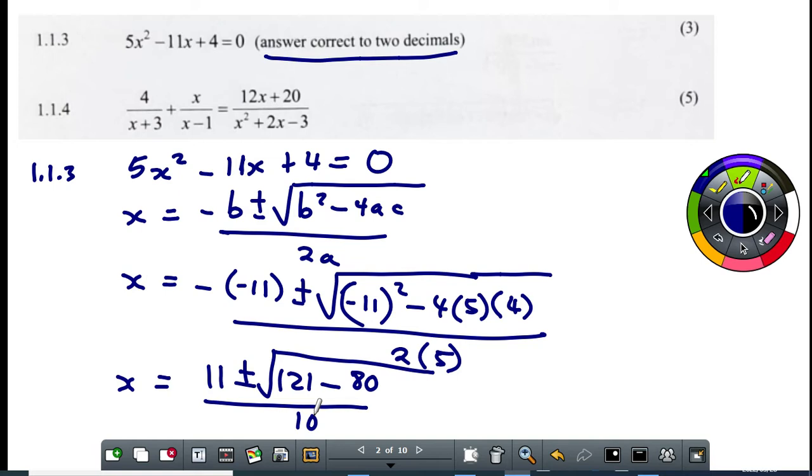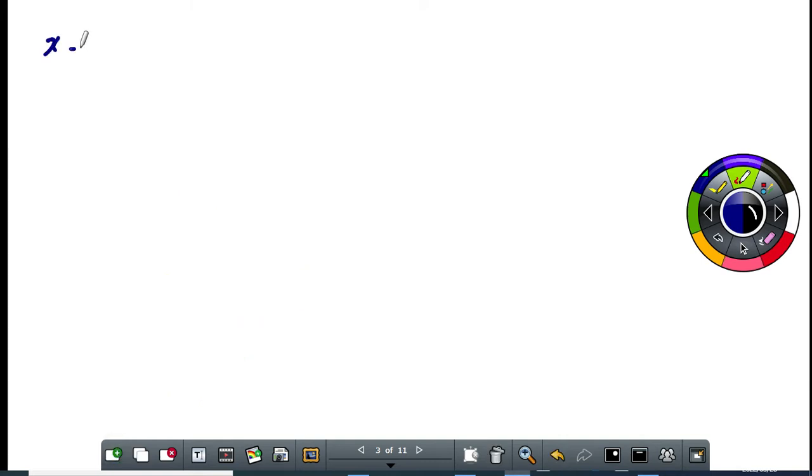That's the reason why you get irrational roots here. Because the number inside the square root, which is called the discriminant, is not a perfect square. If it's a perfect square, then you get 2 real roots. But here, you get 41. So, you get x equal to 11 plus or minus the square root of 41 all over 10.